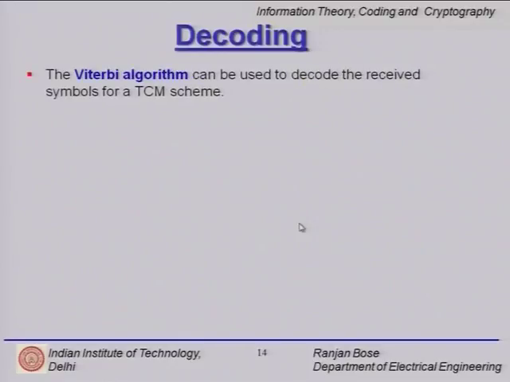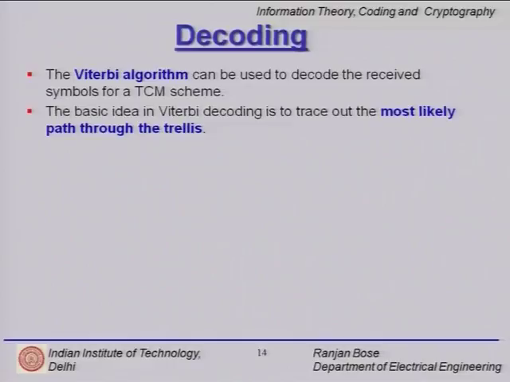So, let us look at the decoding. Please note there is a Viterbi algorithm associated with it, simply because we have a trellis diagram which is used for encoding. So, we do the decoding using the Viterbi algorithm, which we have studied already in the context of convolutional codes. What does the Viterbi decoding do?